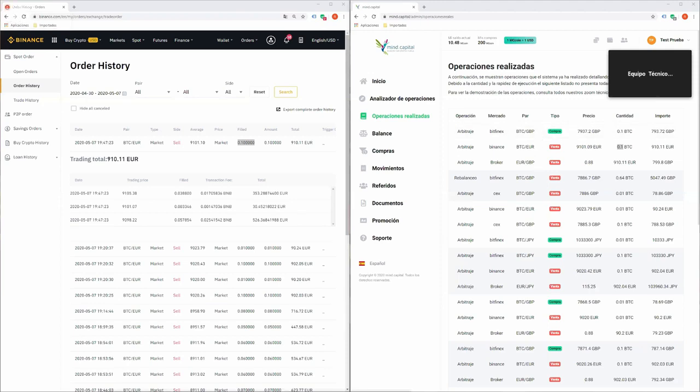It's very important because everything remains the same. Instead of displaying USD or USDT, MC coin is displayed, but the valuation is exactly the same. MC coin is worth $1 American dollar.